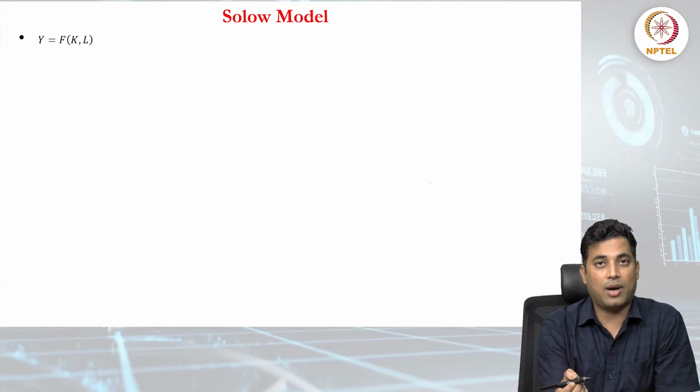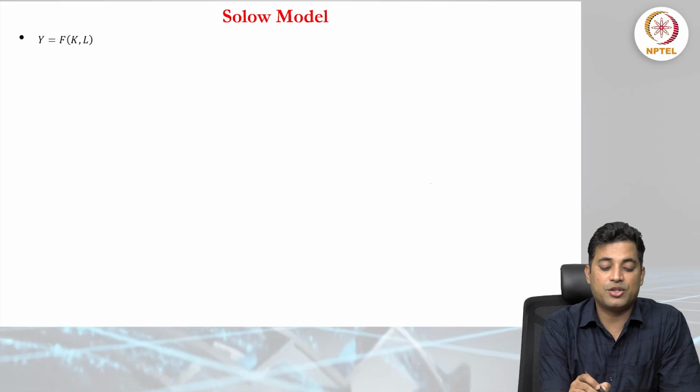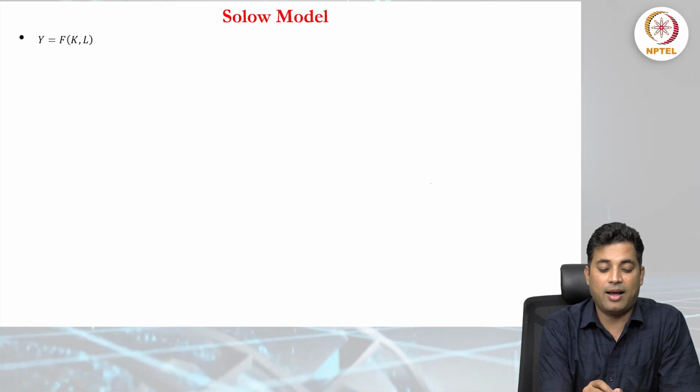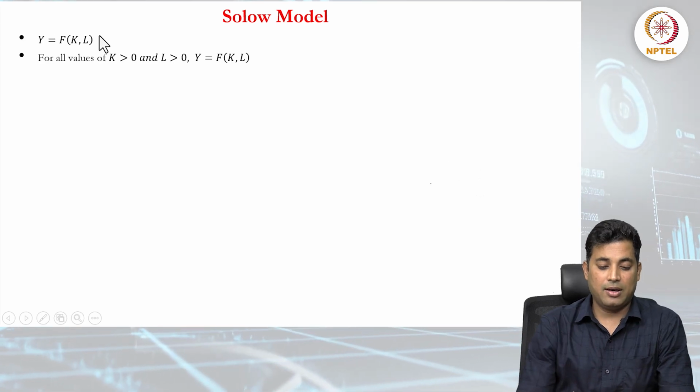So here capital Y, which is total output, is a function of K and L, capital and labor.